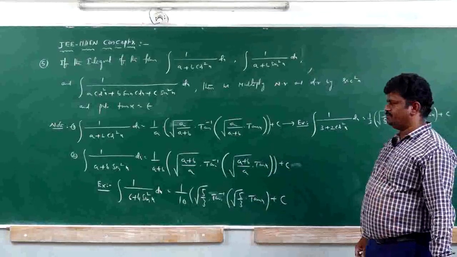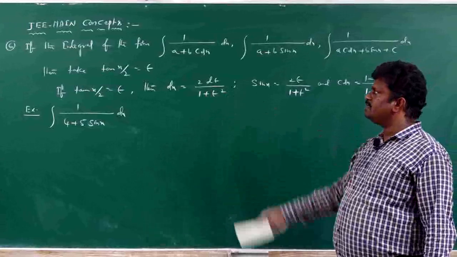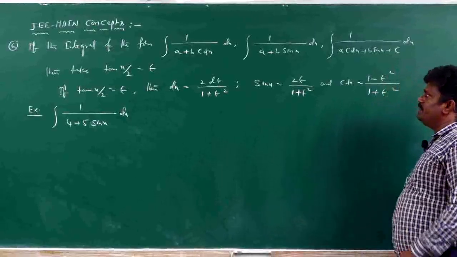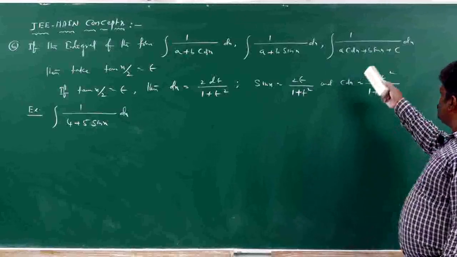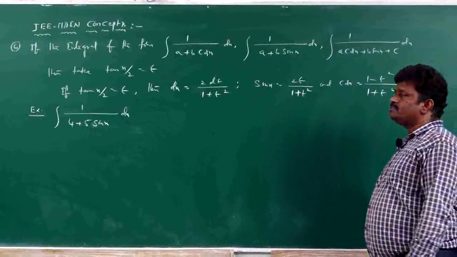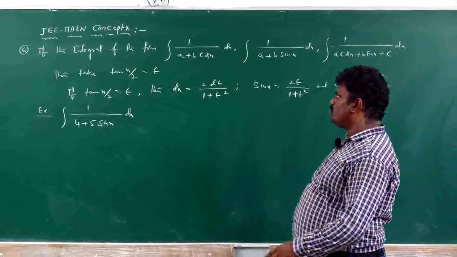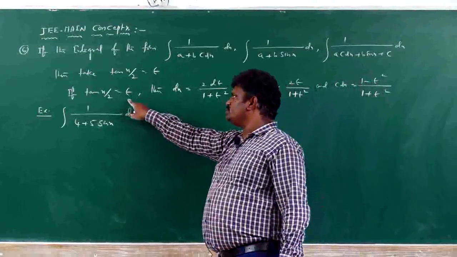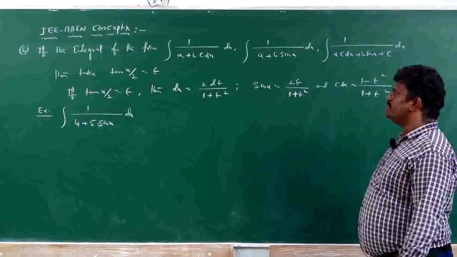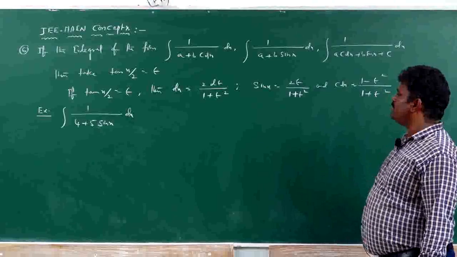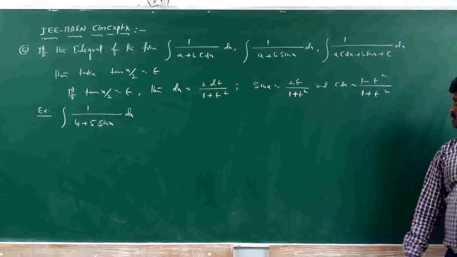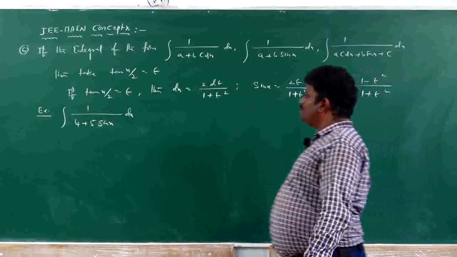Okay? Right. Next, the sixth one: if the integral is of the form integral 1 by a plus b cos x, or 1 by a plus b sin x dx, or 1 by a cos x plus b sin x plus c into dx, then we take tan x by 2 is equal to t. Now directly, if tan x by 2 is equal to t, then dx is equal to 2 dt by 1 plus t square, sin x is 2t by 1 plus t square, and cos x is equal to 1 minus t square by 1 plus t square.